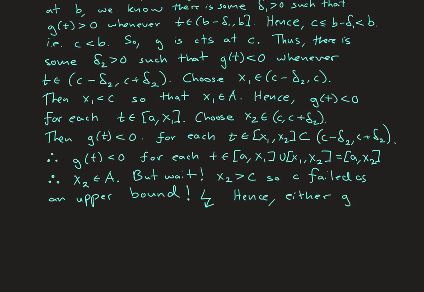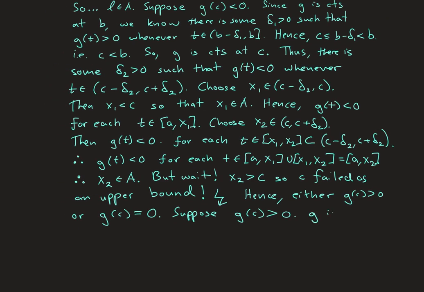So hence either g of c is bigger than 0 or g of c is equal to 0. Suppose g of c is bigger than 0. g is still continuous at c. So g is continuous at c and g is positive at c, at least we're supposing that.